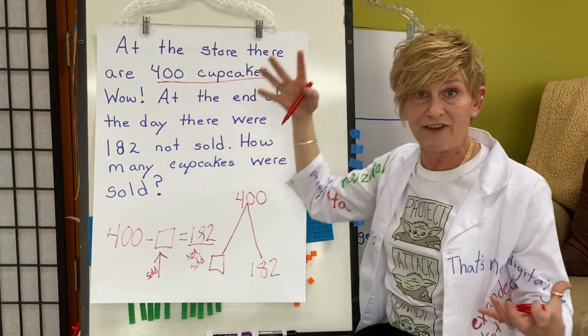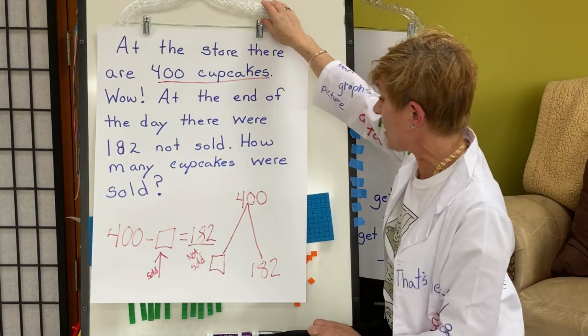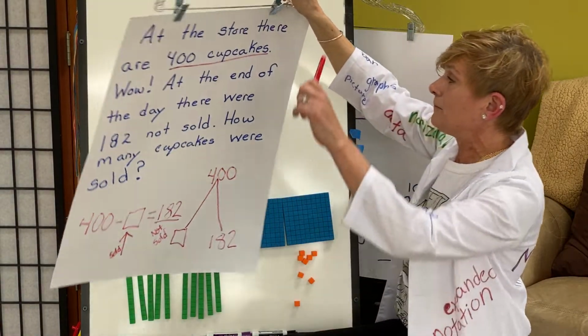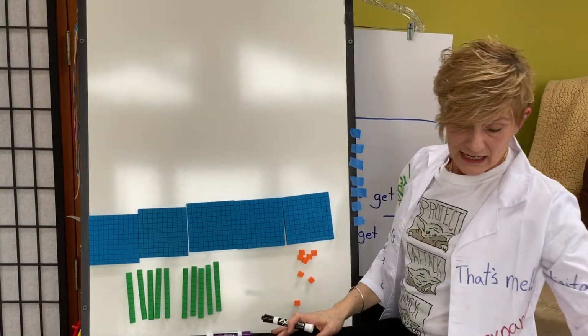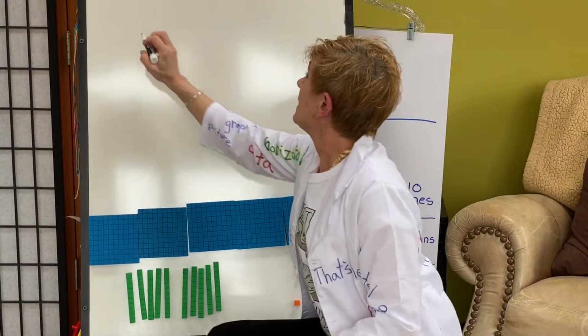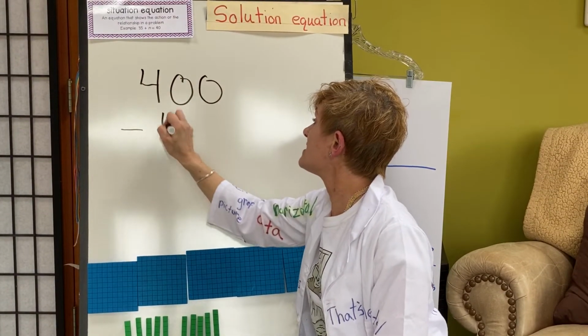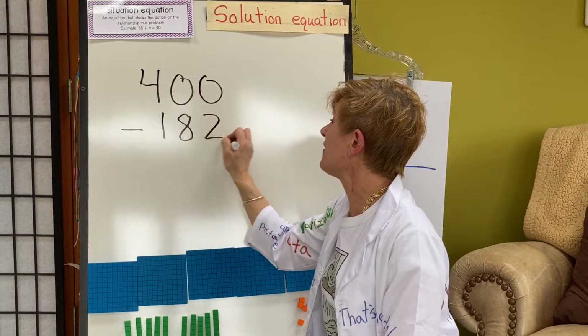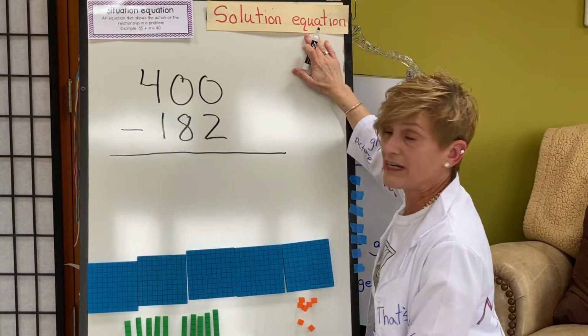How I solve it is really what I feel is going to be comfortable for me. I'm going to take that right now, that 400, and I'm going to subtract what I still have so I can find that other one. So friend, here's our 400, take away 182.